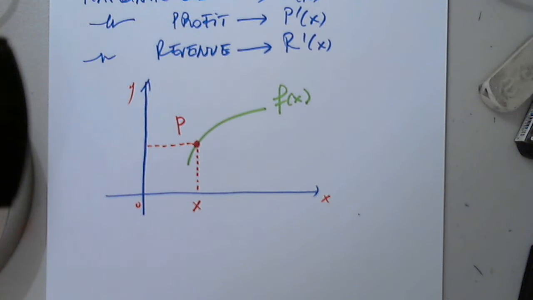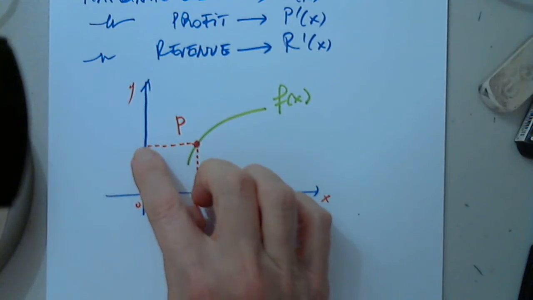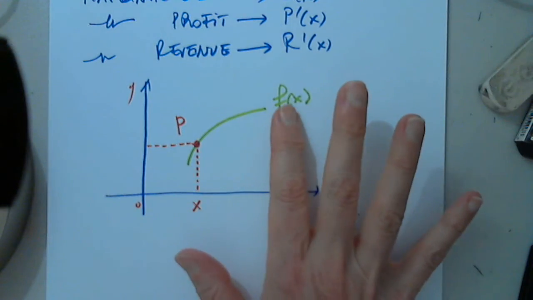What do you think the y-coordinate is? We've done this before. What can it be? It's a point on the graph.